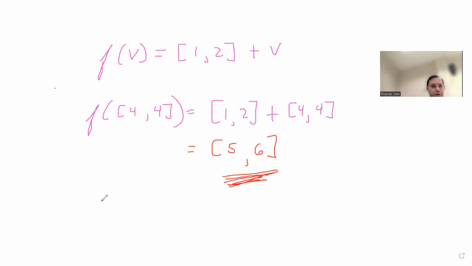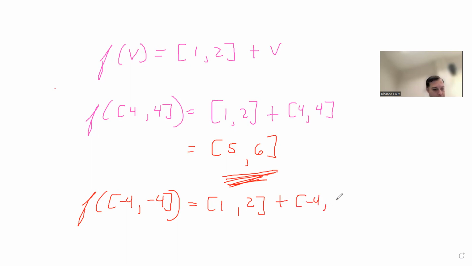So I'm going to do here f, and I'm going to plug in there -4, that. So this is once again 1, comma 2 plus v. So v in this case would be -4, comma -4, right? So you're doing this in parallel here.